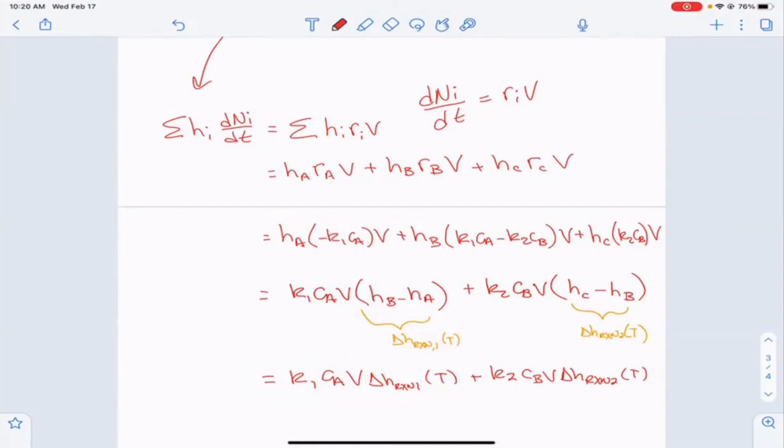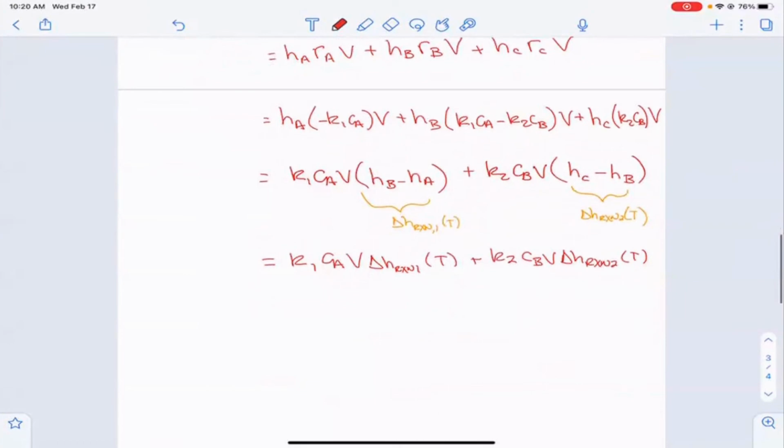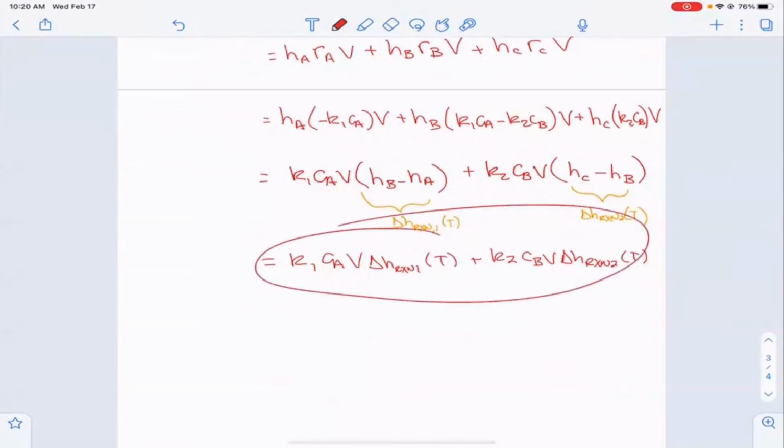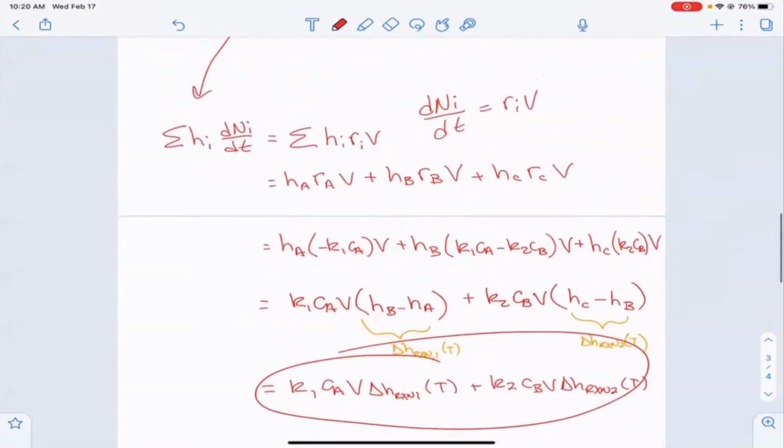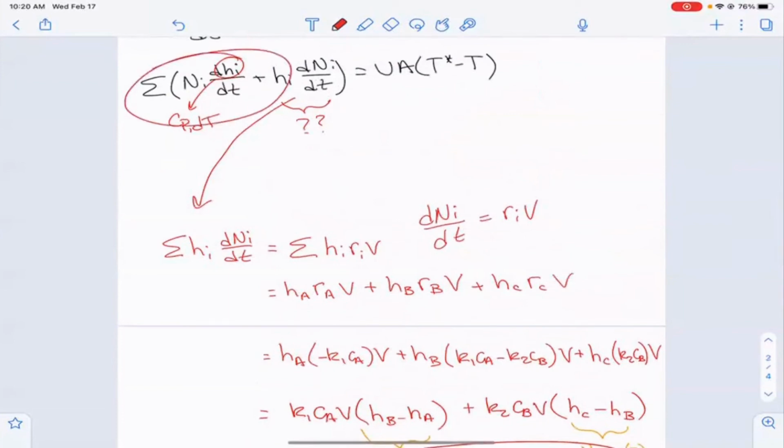Nothing looks unusual. So now we're able to put this in our mole balance or in our energy balance and make the same substitution that we made there before.